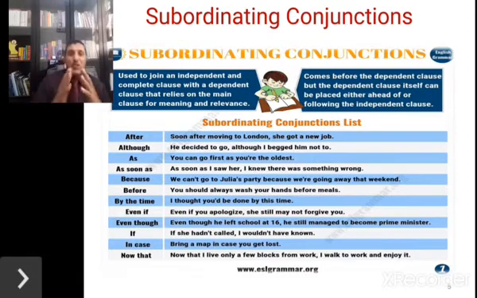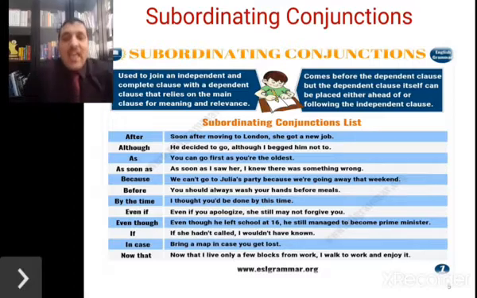After and before, we actually use them as prepositions, but we can also use them as conjunctions. They are connecting words, transitional words, linking words as well. Okay, let us see.